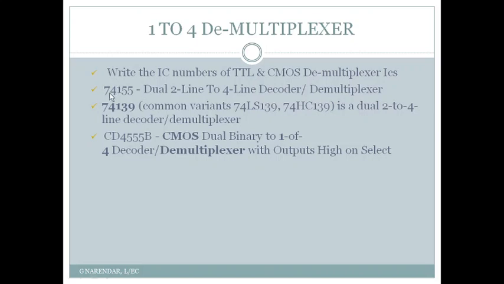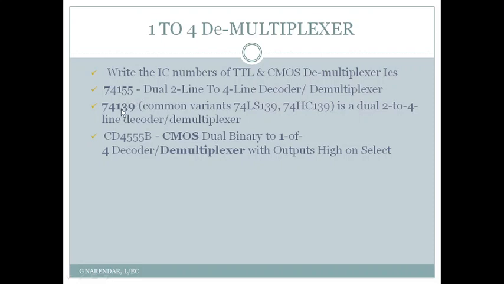Here we have given the popular IC numbers from both families. The first one is 74155. It's a dual 2-line to 4-line decoder or demultiplexer. The same IC can be used either as a decoder or demultiplexer, but this IC contains two such circuits, so you can use either one circuit or two circuits if required.